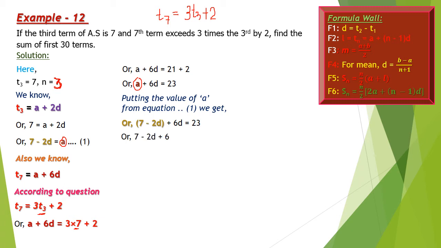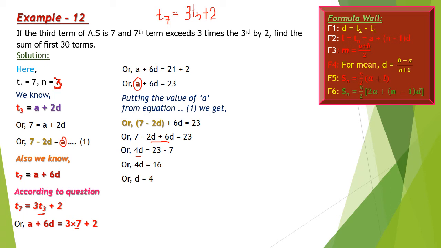Let's open the bracket. Now we have only one variable, that is d. We can get the value of d now. The subtraction of 6d minus 2d is 4d, and 7 goes to another side. 4d equal to 16. Now the value of d is 4.